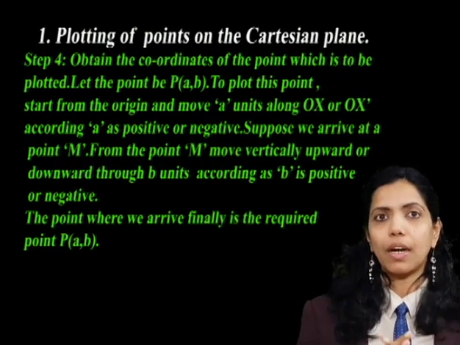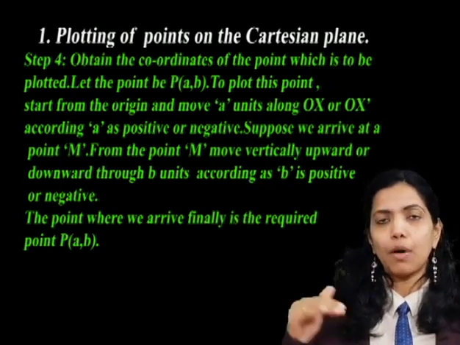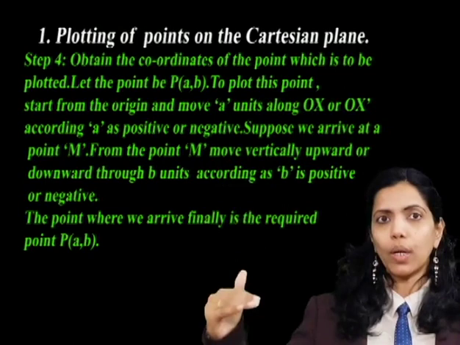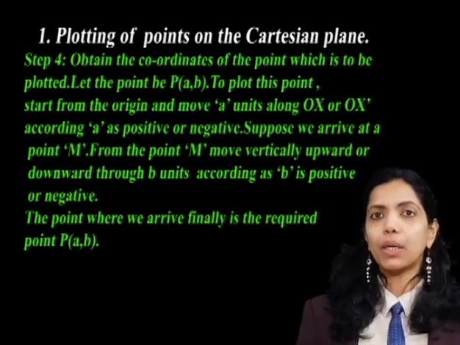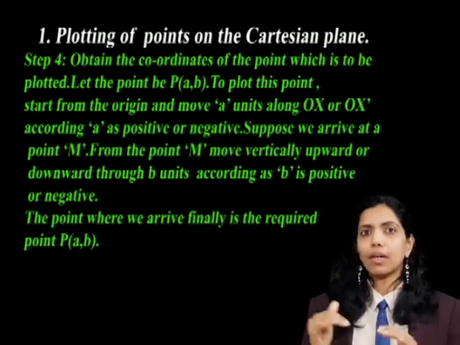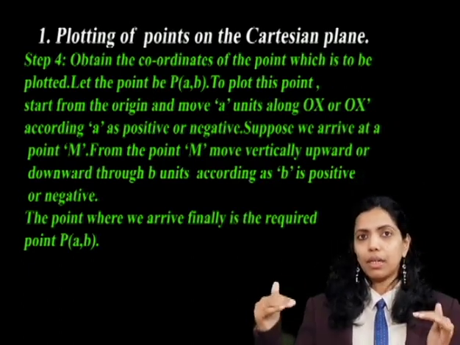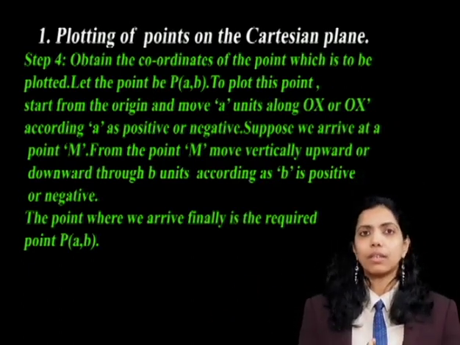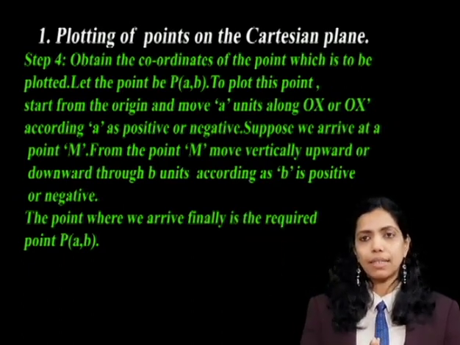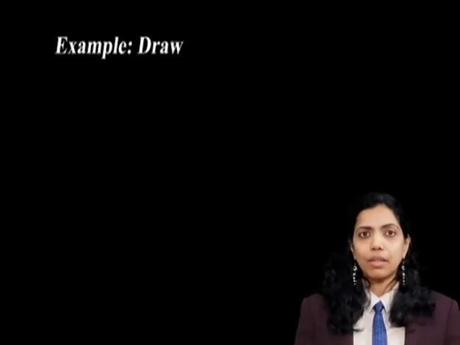Suppose we arrive at a point M. From the point M, move vertically upward or downward through b units, according to b being positive or negative. The point where we arrive finally is the required point P(a, b). Let's have an illustration now.